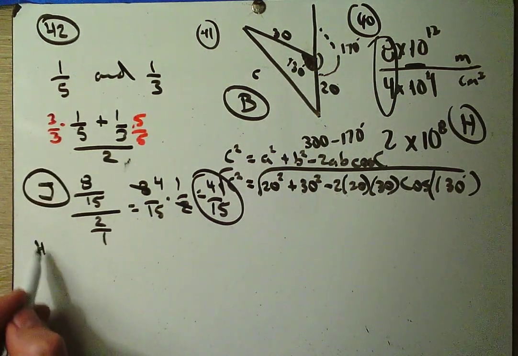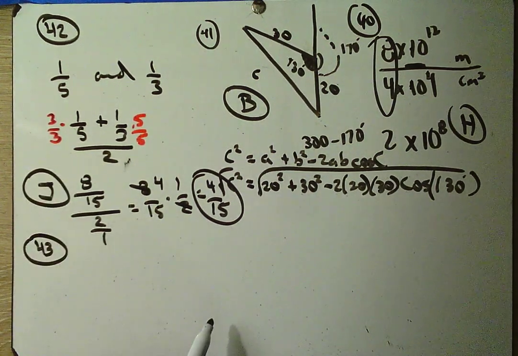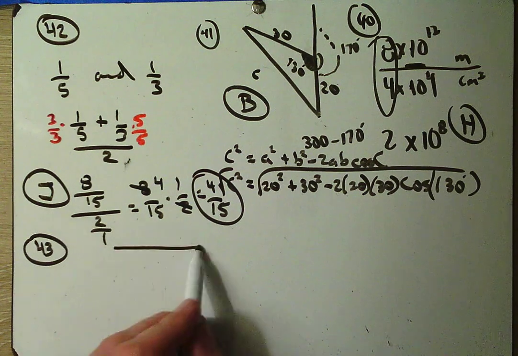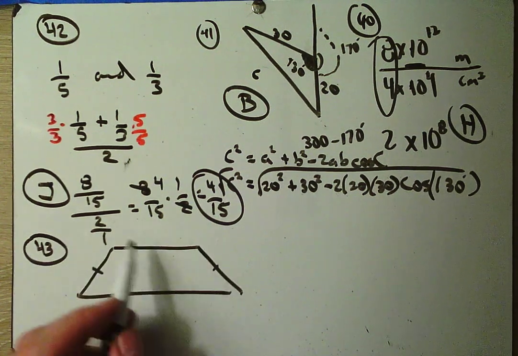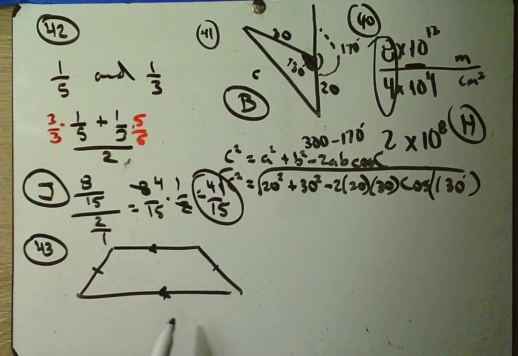Okay, 43. An isosceles trapezoid, that means that AD and BC are equal to each other, with AB parallel to DC.